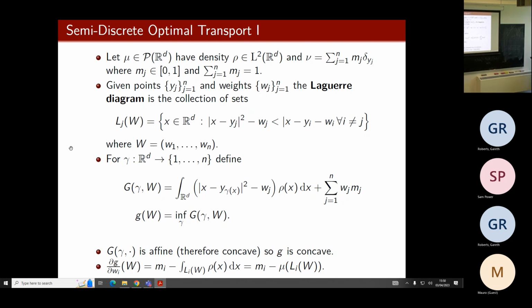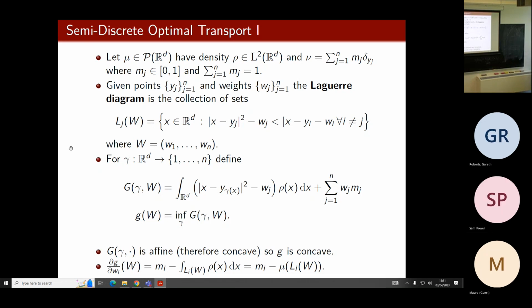And then here, again, this term has the minus sign, and when I differentiate with respect to y, I just get mi out here. So I get mi minus the integral over the Laguerre set. So this is just mi minus the mass of the Laguerre set.